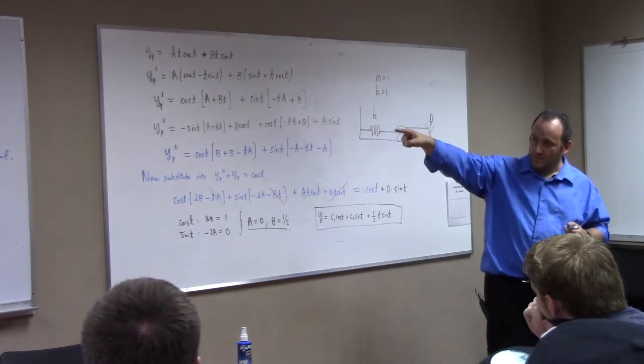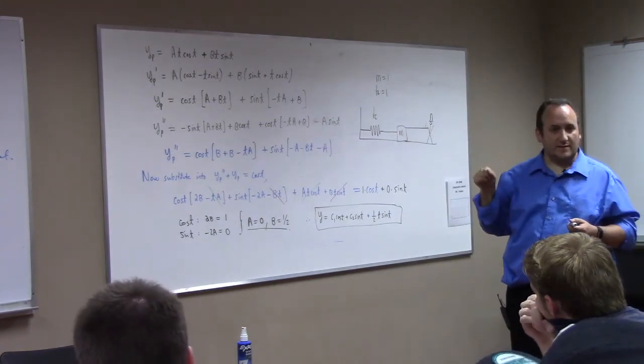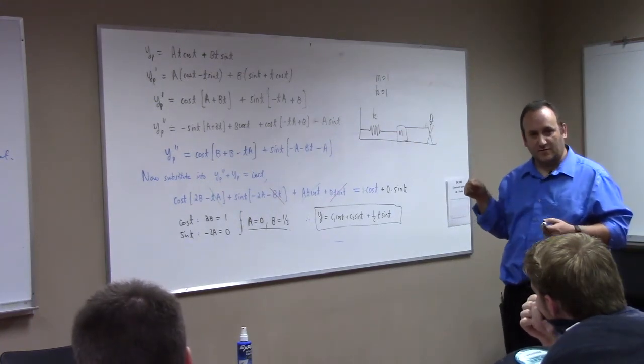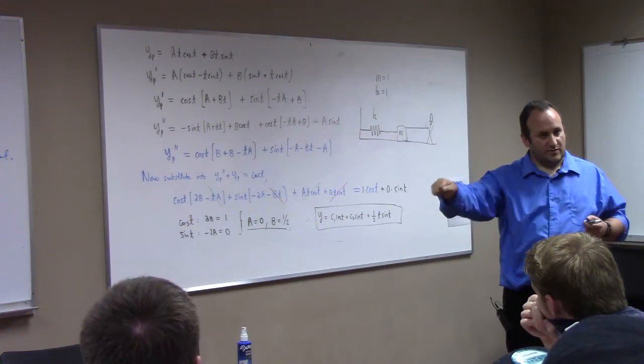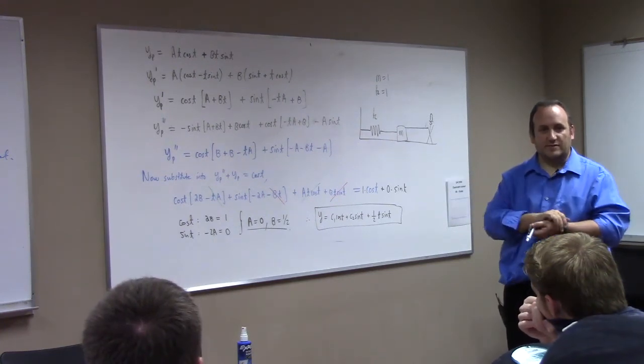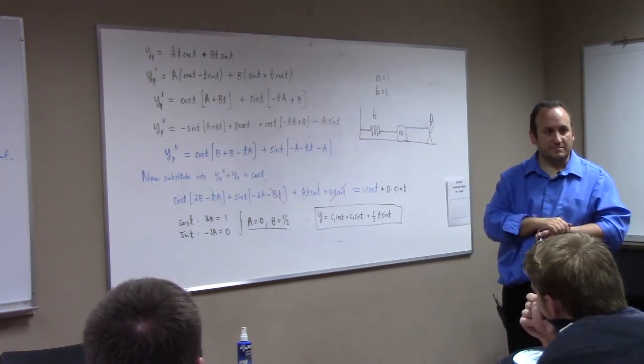The force, cosine t, is sometimes positive, sometimes negative. That means it's a pushing and pulling force. Pushing, pulling, pushing, pulling. And how is he pushing and pulling this spring system? He's pushing and pulling it at the natural frequency of the system.